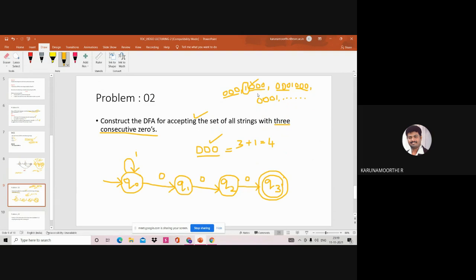Now the next string is 10001. This is also possible, right? The first input symbol is 1 and the end is 1, and in between three consecutive zeros appear. There is no issue. Where I want to put 1 again, here I can put 1, right?